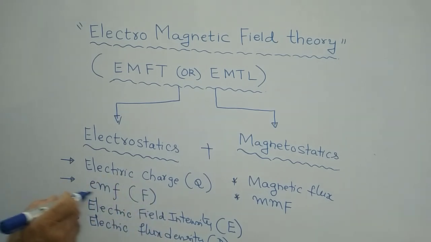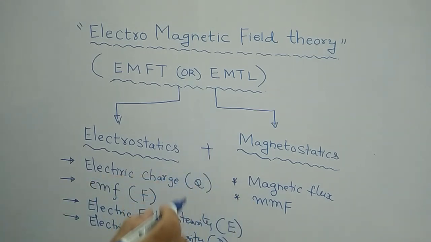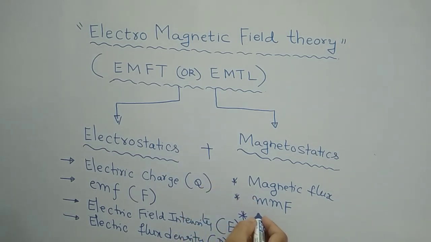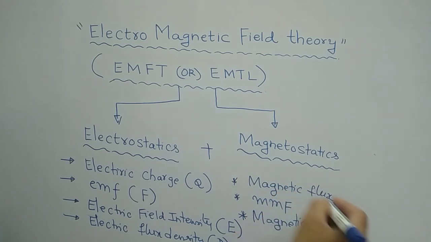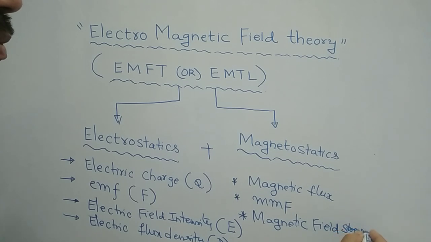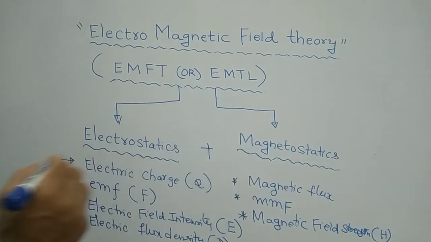Here is the electromotive force, whereas here is the magnetomotive force. The third one is magnetic field strength, that is called H.